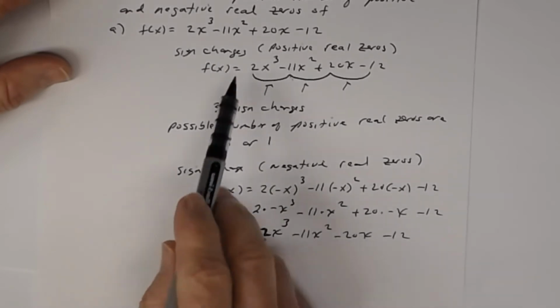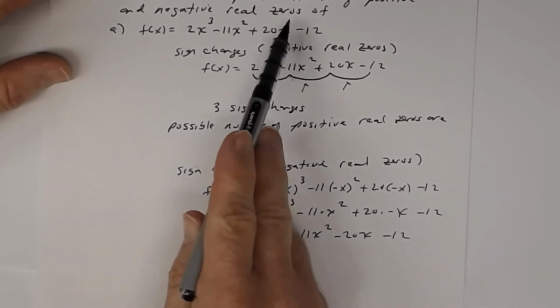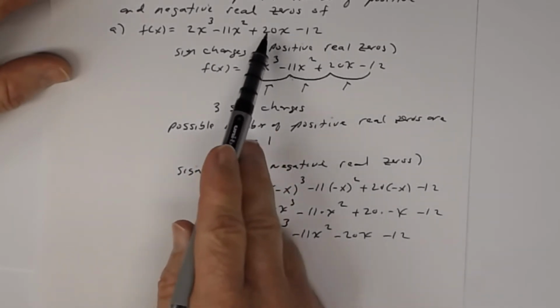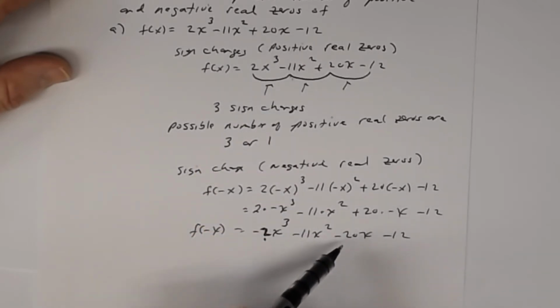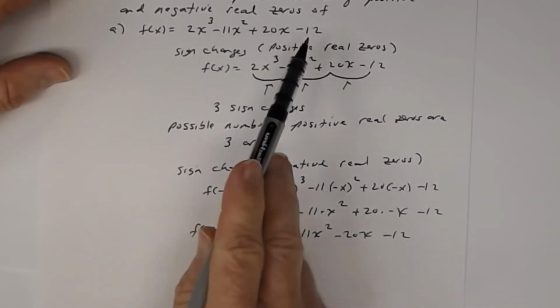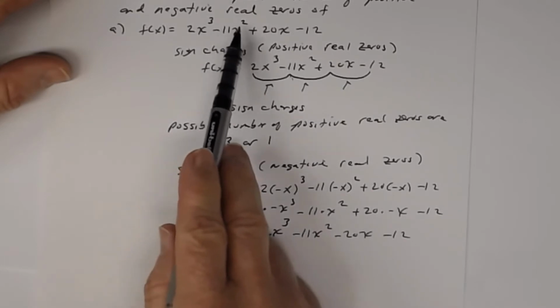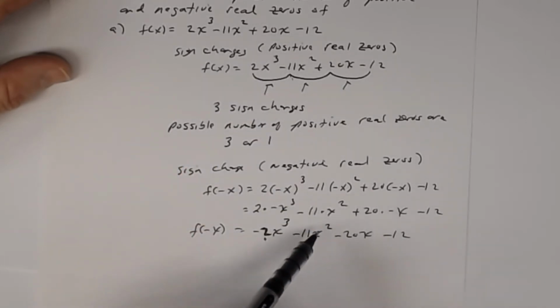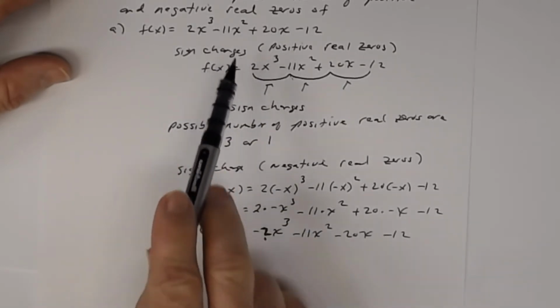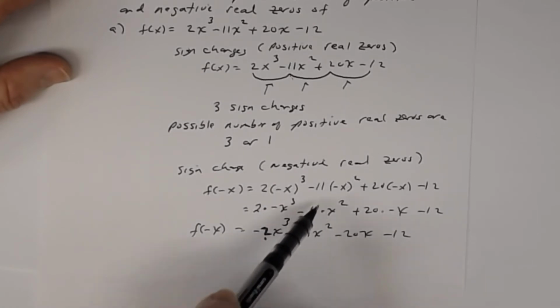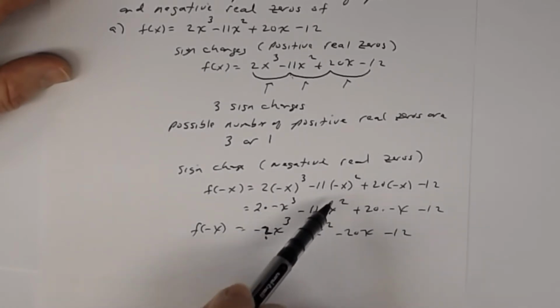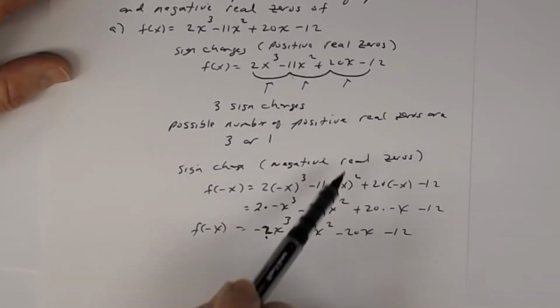You see that? 20, see x to the first, that's odd. 20 becomes what? Negative 20. Everything else stayed the same. Your terms with the even exponent stayed the same. Negative 11x squared stayed negative 11x squared because of what we discussed right here. And your constant negative 12 stayed negative 12.